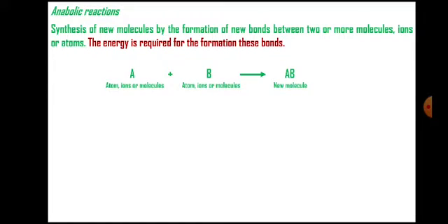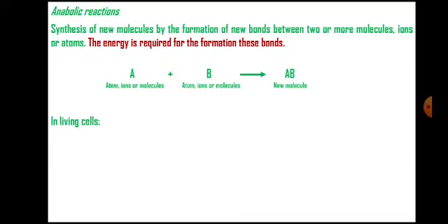So energy is consumed during anabolic reactions. You can see in this reaction that A, which may be an atom, ion or molecule, combines with B, which may be an atom, ion, or molecule, leading to synthesis of a new compound or a new molecule, AB. This is an anabolic reaction.